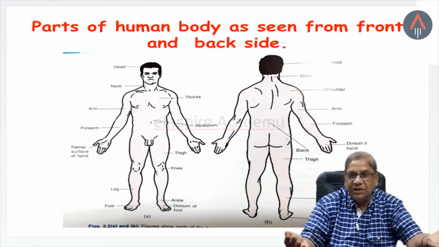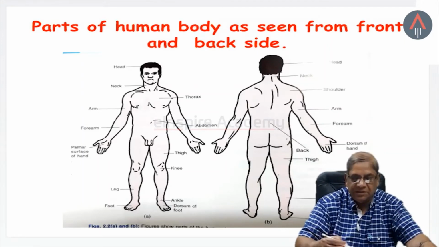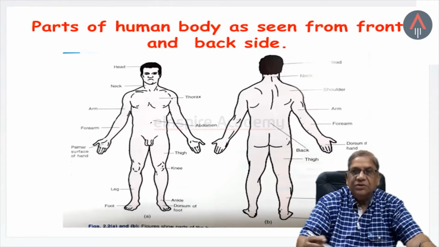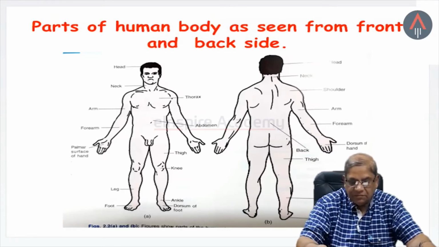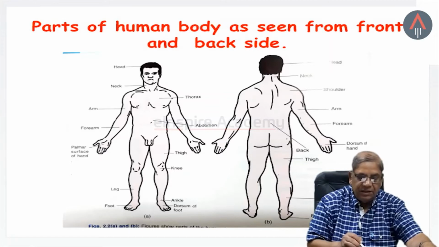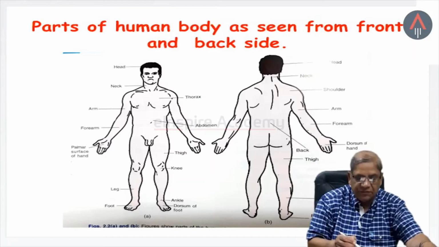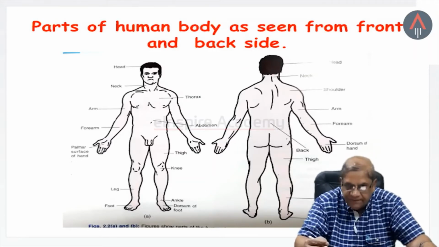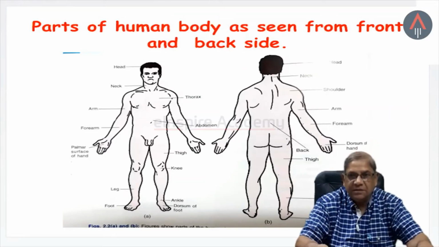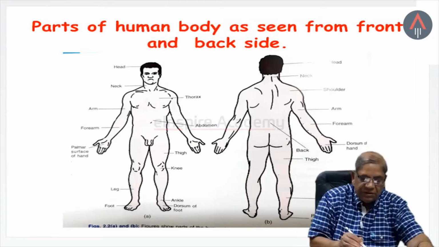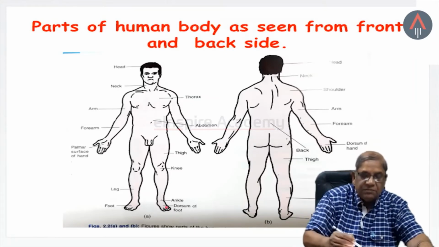And when you see the person standing like this in this diagram, that is from the back side, then the back surface of the hand is called the dorsum of the hand. Similarly, in the foot, below the ankle, whatever foot is present has two surfaces. The one facing upward is called the dorsum of the foot.